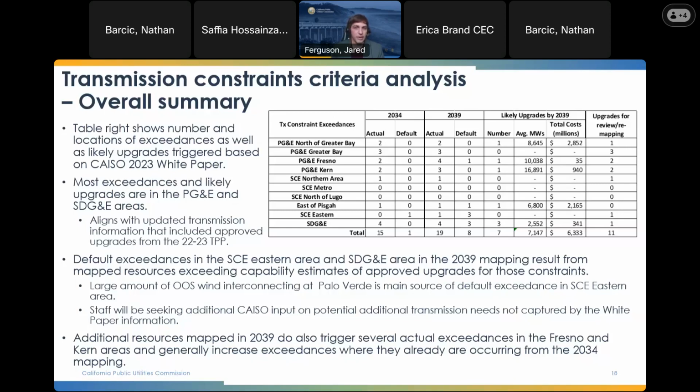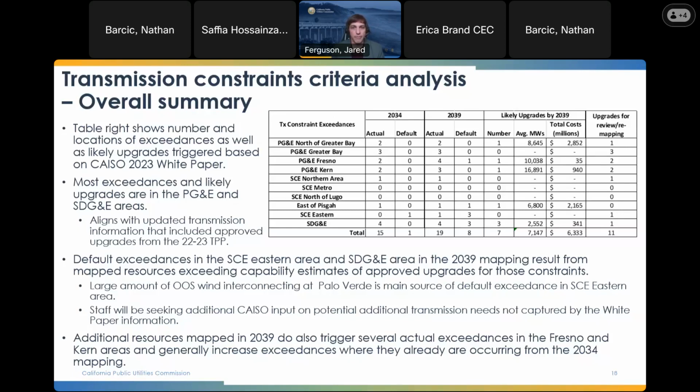There is going to be a constraint issue, and so I've listed the number in each area, what the white paper shows as their capability to increase capacity in that constraint, and then also the total cost estimates from the white paper there.